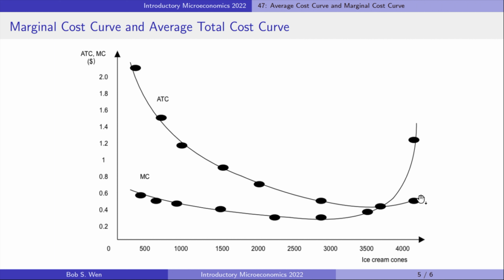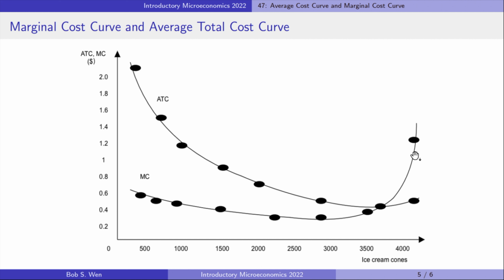The reason is that when the extra cost of the additional ice cream cone is lower than the average existing cost, the average cost will fall. But eventually, the marginal cost starts to increase and will intersect the average total cost curve.